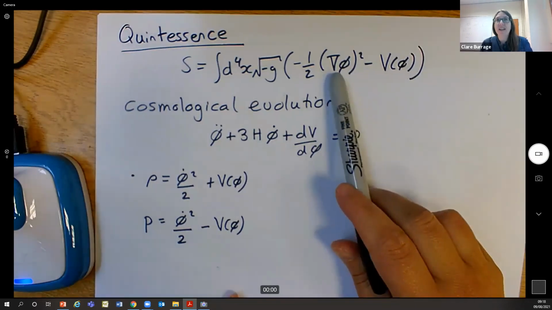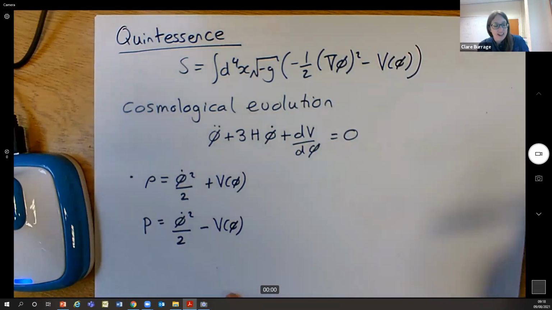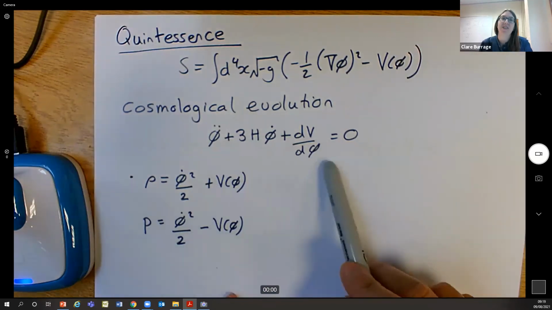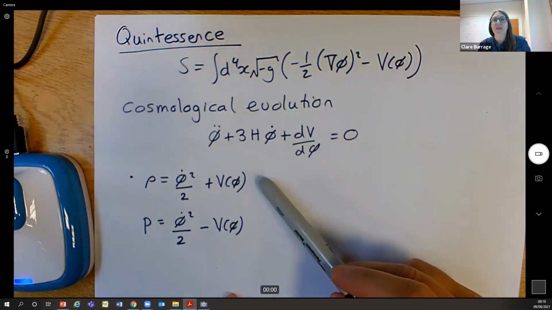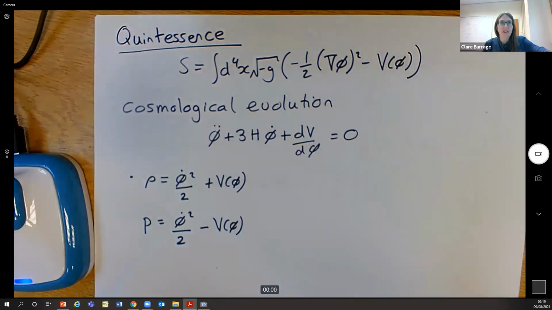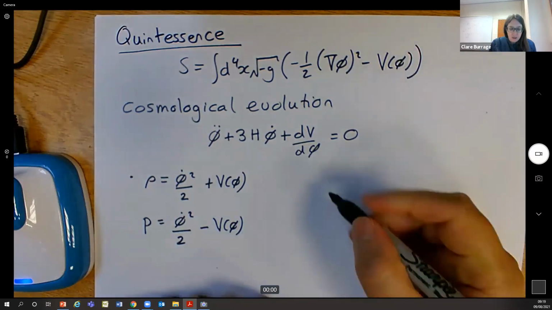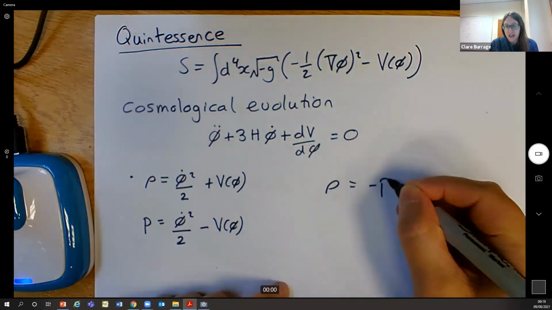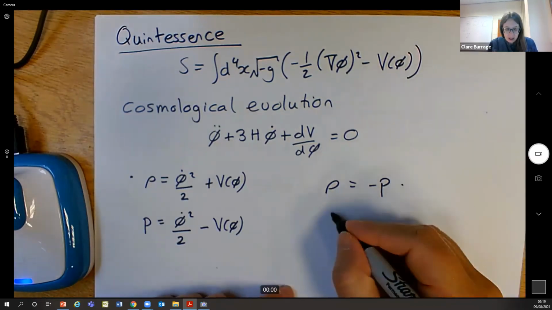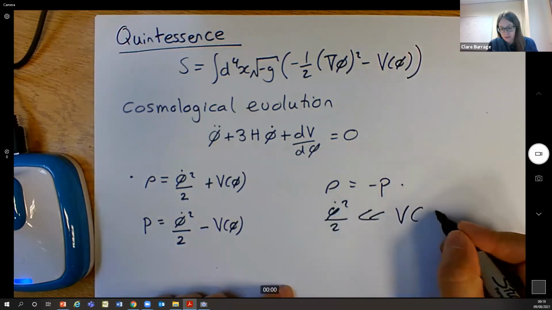So again, we have our scalar field. It's got a kinetic term and it's got a potential. And we can write down its evolution equation, and we can compute its energy density and its pressure in terms of phi dot and V. And we can see that we will get the equation of state that we wanted, which was rho equals minus p, in the limit where phi dot squared is much, much smaller than V of phi.